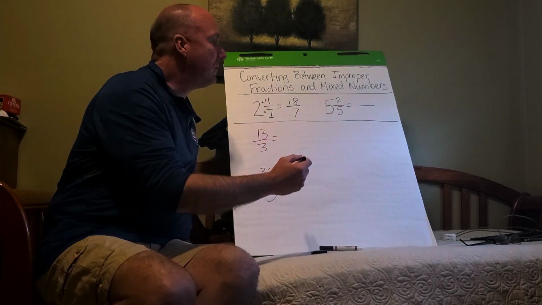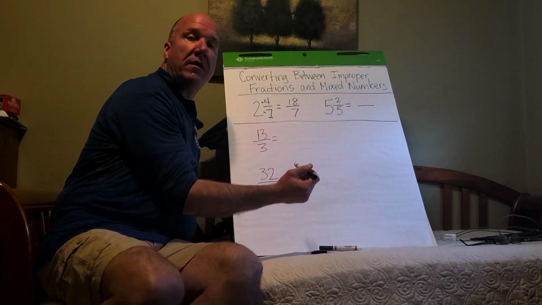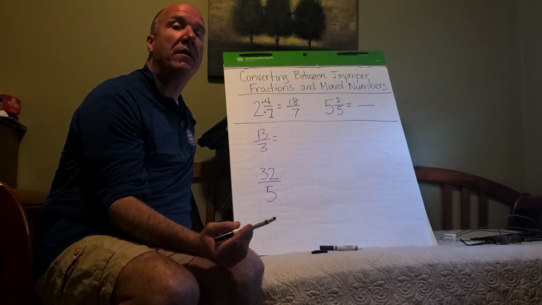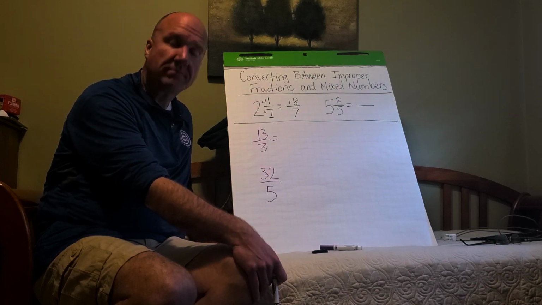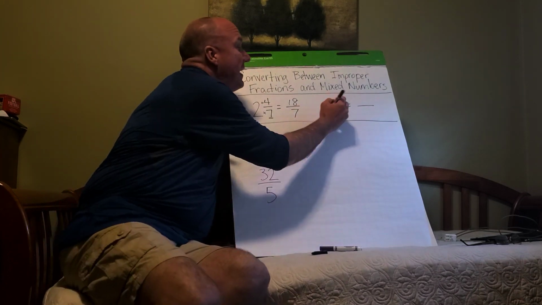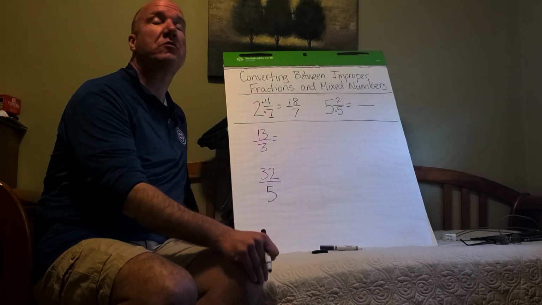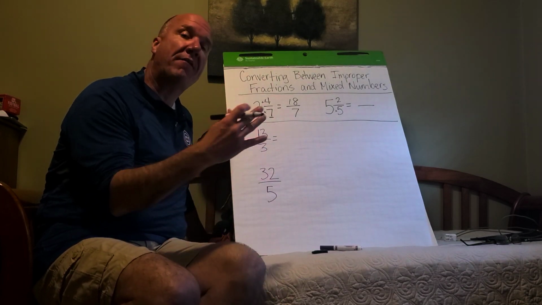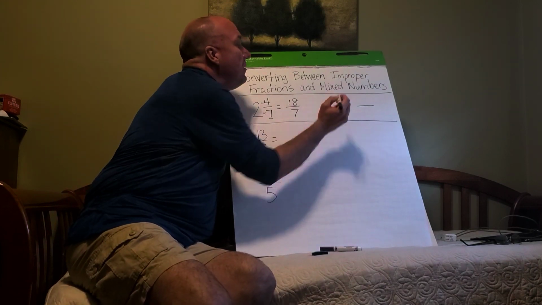Next one, let's do this one. We'll start with the denominator again, in this case being a 5. I then take that 5 and I do what? I'm waiting. I'm just kidding, I can't hear you. Multiply that denominator times the whole number. 5 times 5. That equals 25. Now that I have that number, I take that 25 and I add it to the numerator.